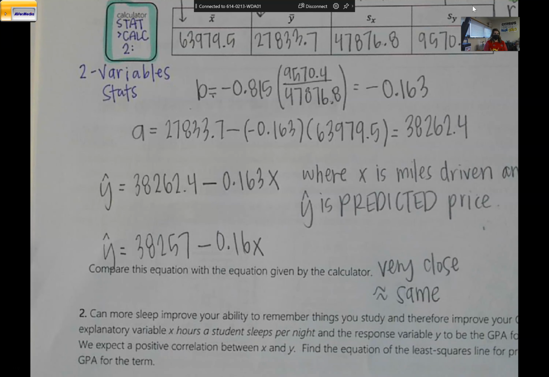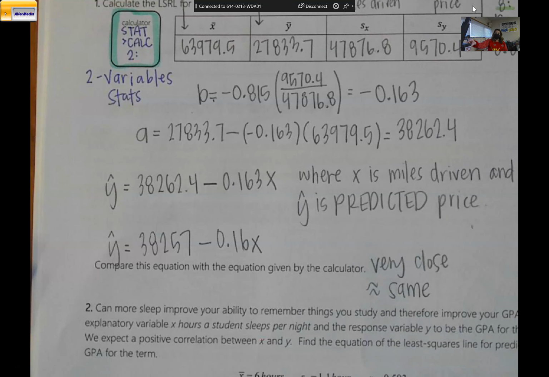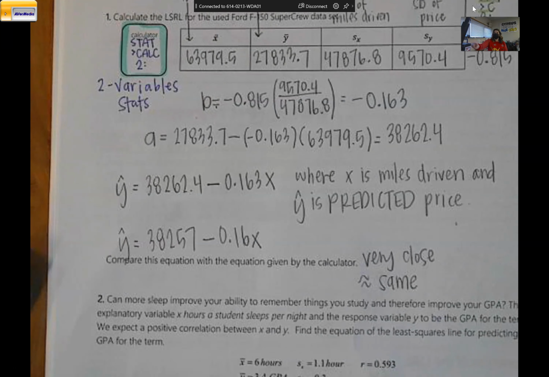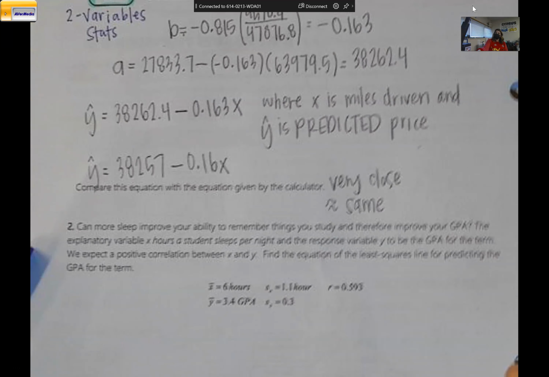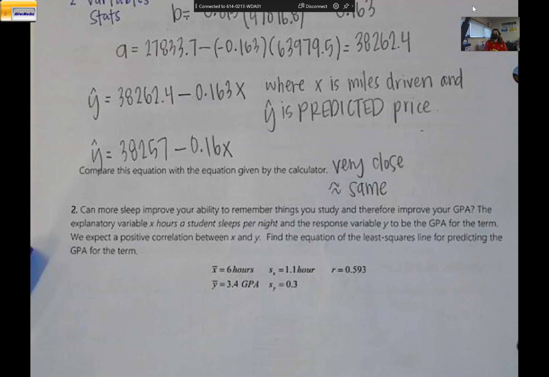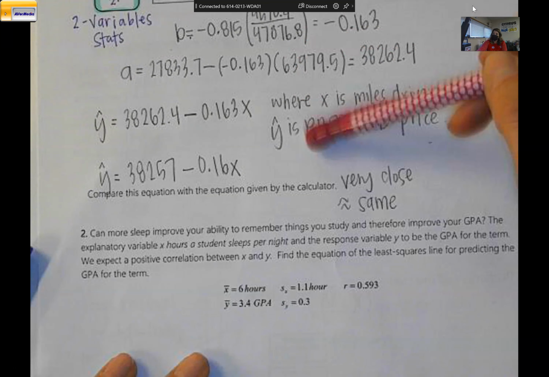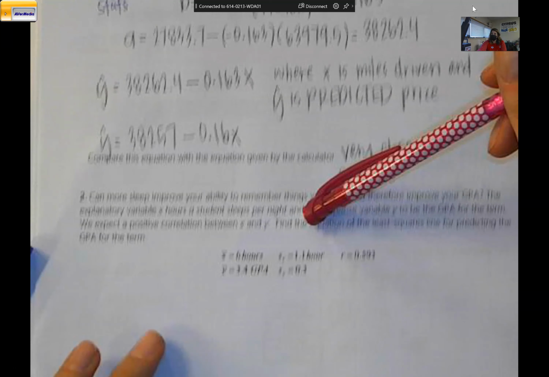You're okay on this? Good news is, most of the time, they just give you the data. So most of the time, it's like number 2. They give you everything that you need. Your averages, your standard deviations, and your R, and you only have to do this part where you calculate. So you guys try number 2 now.